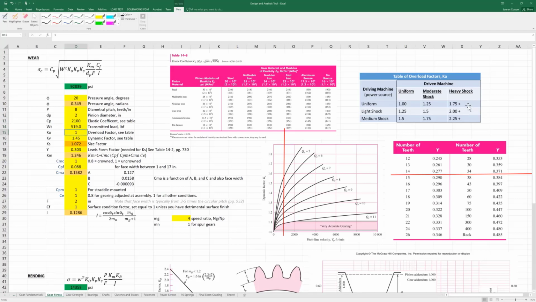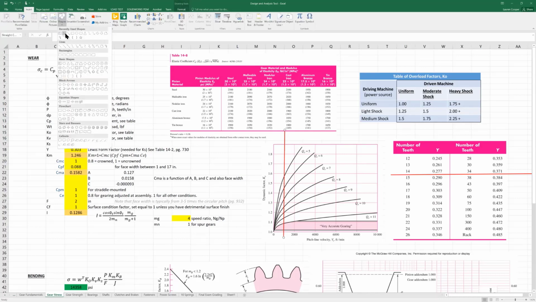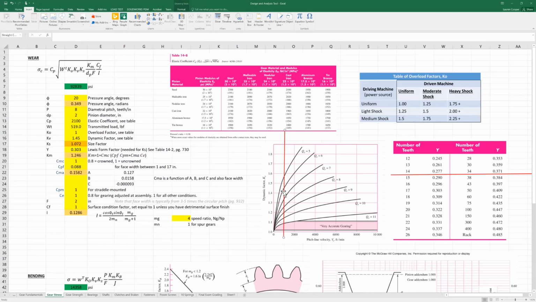Overload factor, that's coming from this table of overload factors here. Dynamic factor, KV, is this table here. And I like to use these little lines to help me read the axes. To drop in some lines, you go insert, shape, pick your line, shape, and then draw it in. You can change the width and the color. So it's nice to be able to move these.